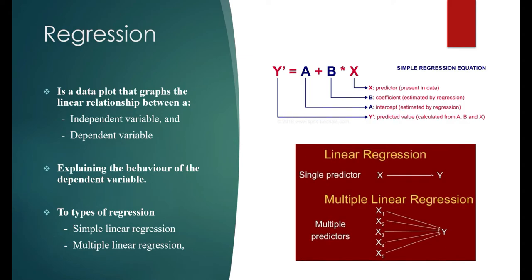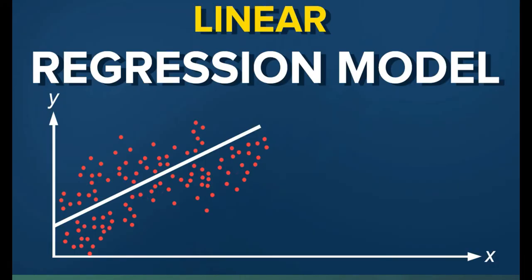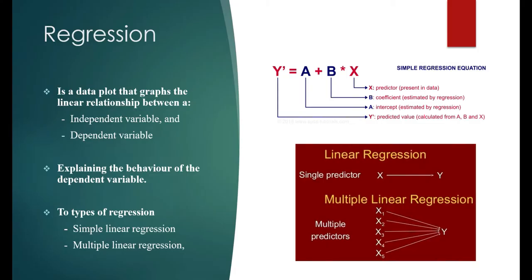There are two types of regression: simple linear regression and multiple linear regression. Simple linear regression is a regression model that estimates the relationship between one independent variable and one dependent variable using a straight line. Both variables should be quantitative and look like this graph.